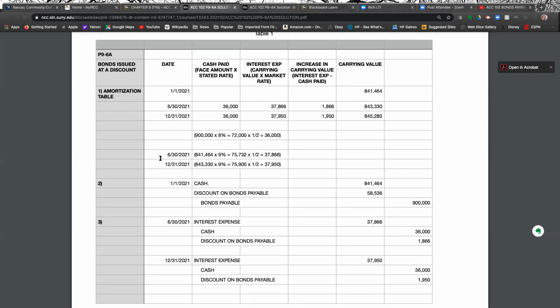9-6A. On January 1st, 2021, Universe of Fun, that's the name of the company, issues $900,000 8% bonds that mature in 10 years. The market rate of interest for bonds of similar risk and maturity is 9%. So if we're paying 8 when everybody else is paying 9, we'll get less than face amount.